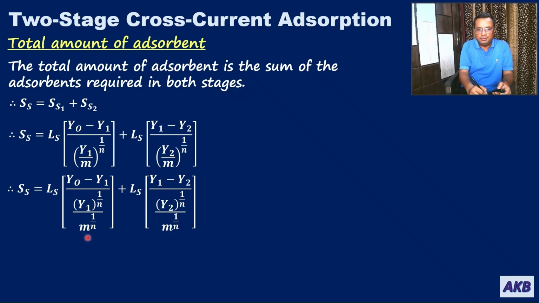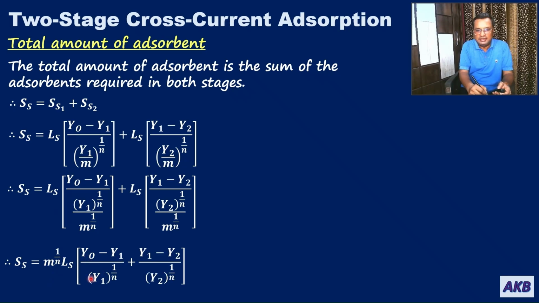And in the next step, m raised to 1 by n will come as a multiplying factor with LS. So SS will be equal to m raised to 1 by n into LS into Y0 minus capital Y1 divided by capital Y1 raised to 1 by n plus capital Y1 minus capital Y2 divided by capital Y2 raised to 1 by n.